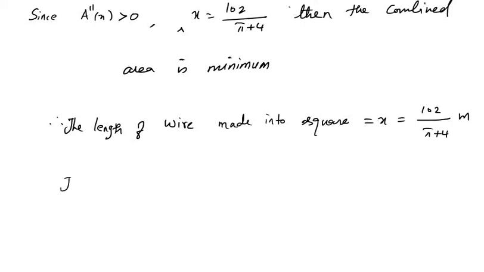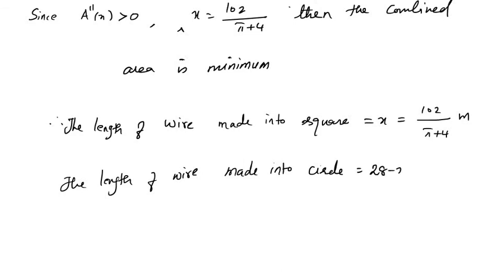Next, the length of the wire made into the circle is equal to 28 minus x. That is 28 minus 102 by pi plus 4. This you simplify and we'll get the answer.